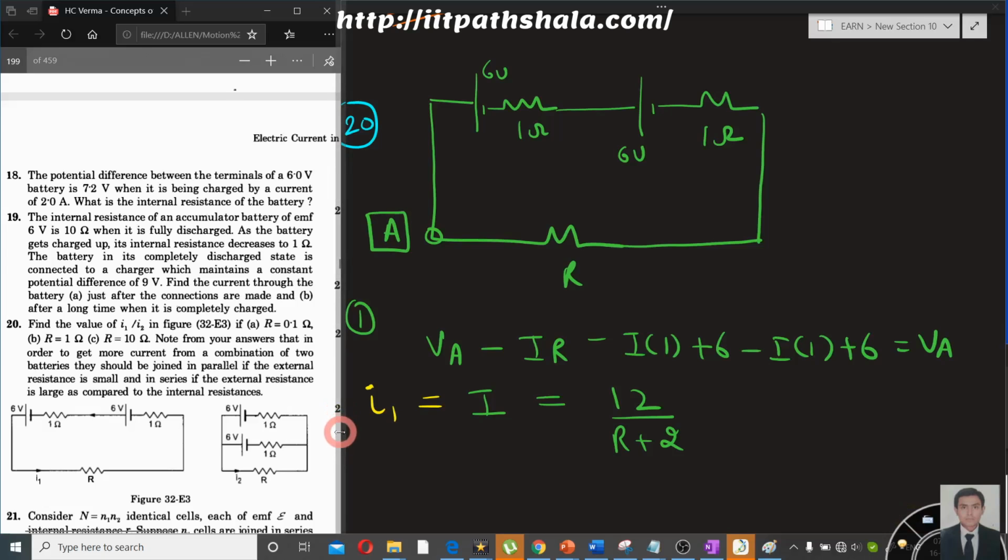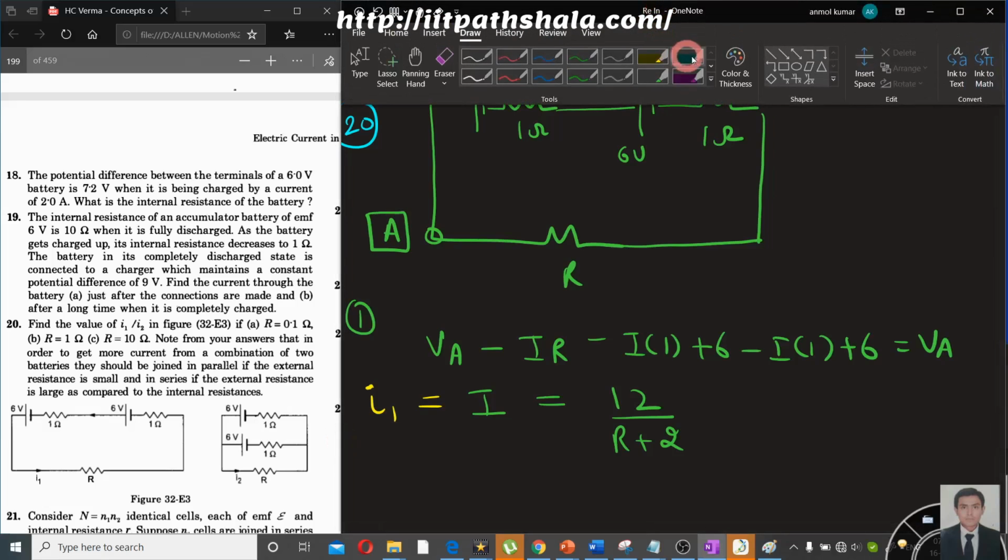Okay, and if your load resistance is very high, then you should avoid this parallel combination. Instead you should join these two batteries in series itself for fetching maximum current through R.